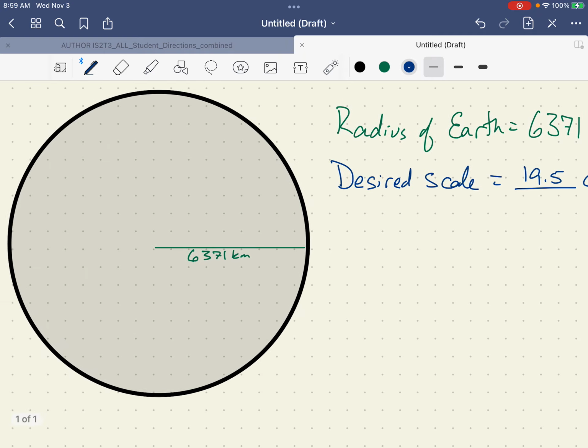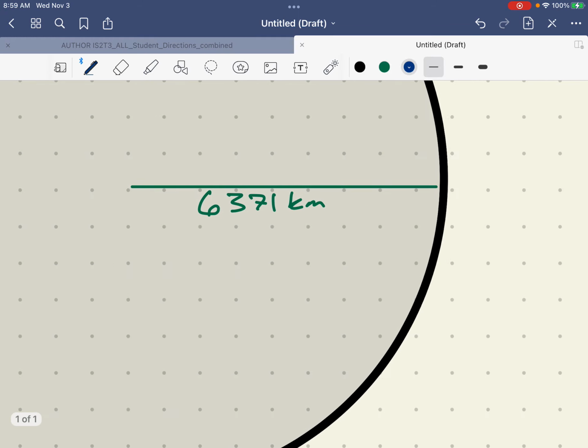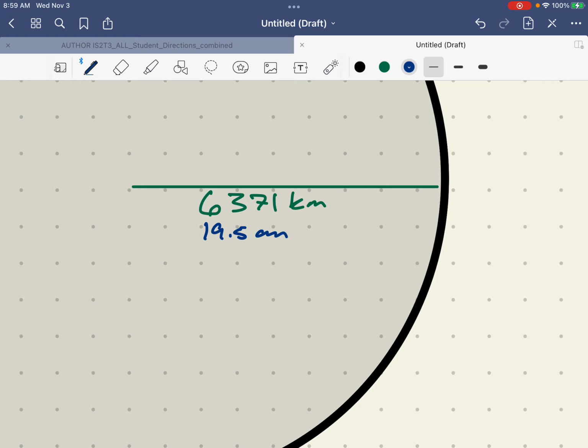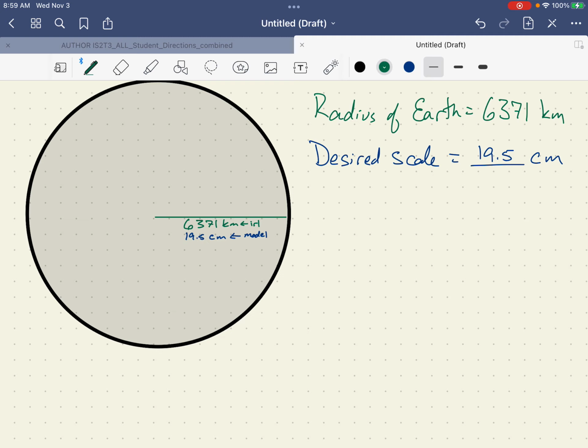And so if I measure this out over here, that 19.5 centimeters, let me write my centimeters better for you. This is my model. And then, of course, this is in real life. So we'll just do in real life, okay?